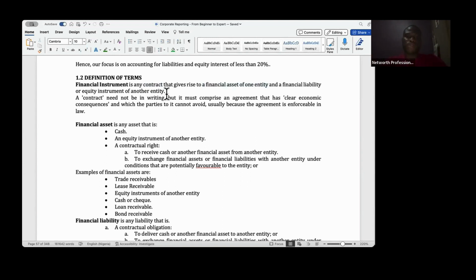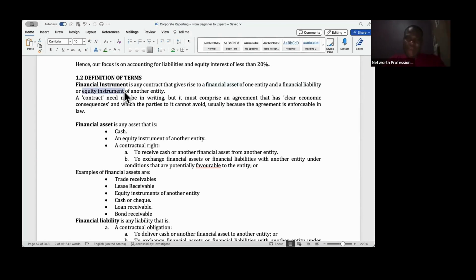So for a contract to be a financial instrument contract, a party must have a financial asset, and the other party would have either a financial liability or equity instrument.